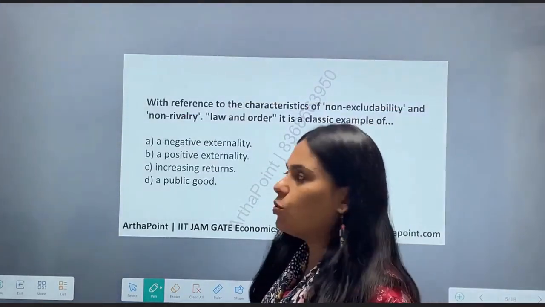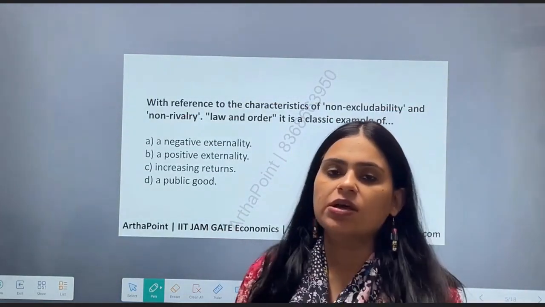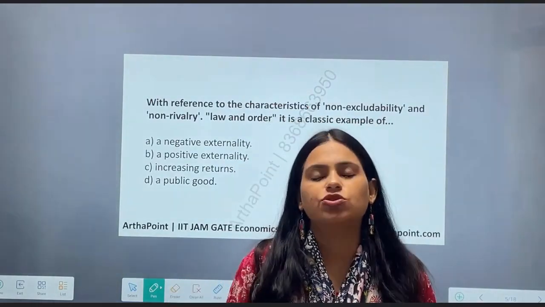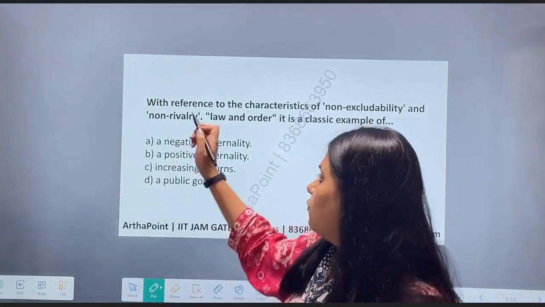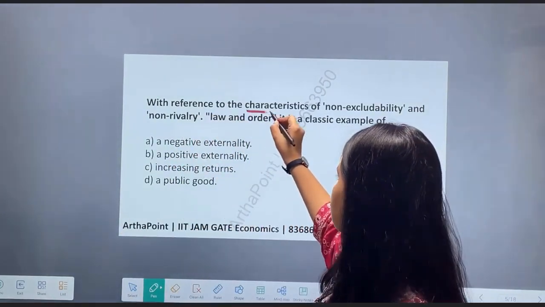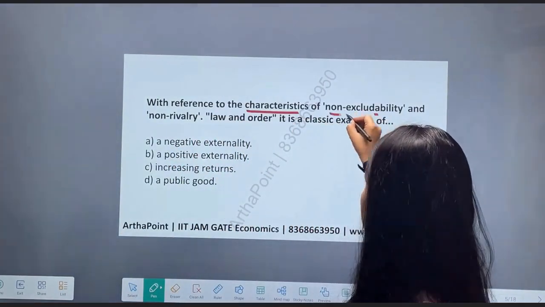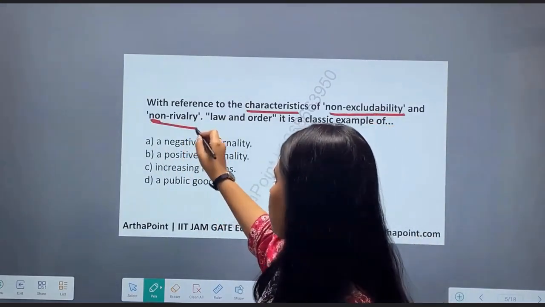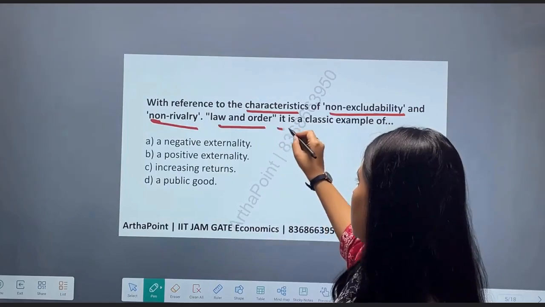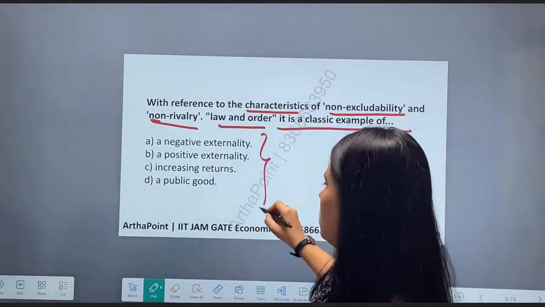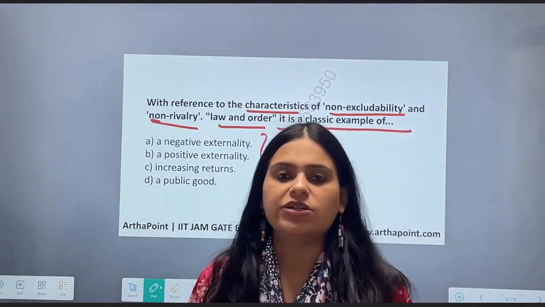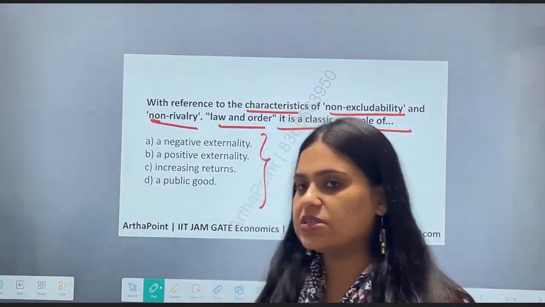Okay, everybody go ahead and try to answer these questions. So the first question for today. With reference to the characteristics of non-excludability and non-rivalry, law and order is a classic example of. So it talks about two properties here.